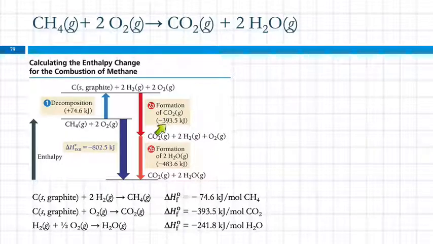And this is the heat of formation for CO2, minus 393. And then I'm going to take the other things that are left, the 2 H2 and the remaining O2, and I can make 2 moles of water. And the change in energy here is 2 times the heat of formation.